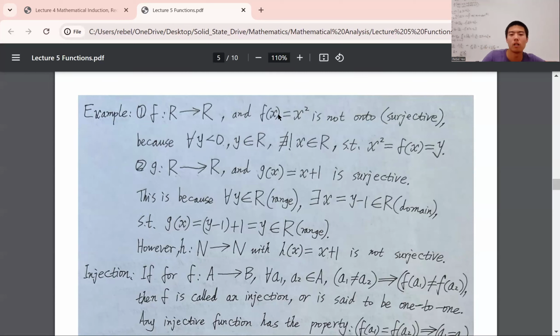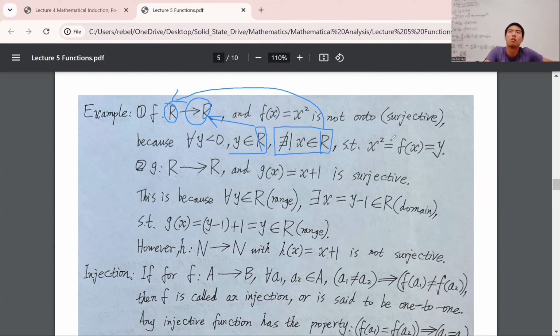As we said before, the polynomial function x squared is not onto because for y smaller than 0 and y in R, where R here denotes the codomain, there's no element in the domain R such that x squared, f(x), is equal to y.